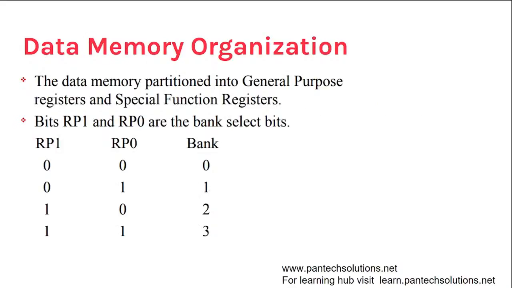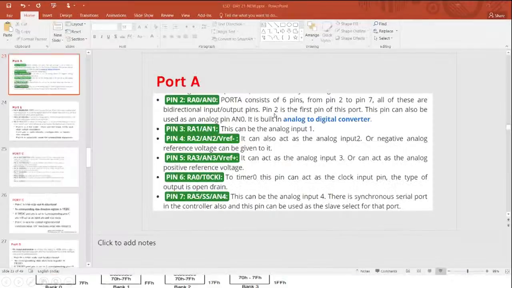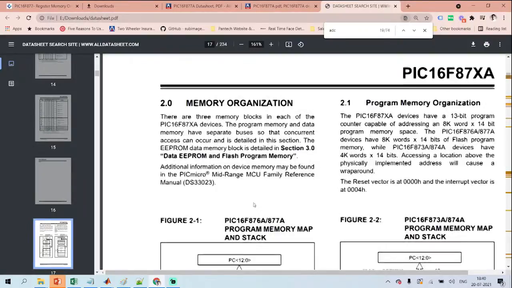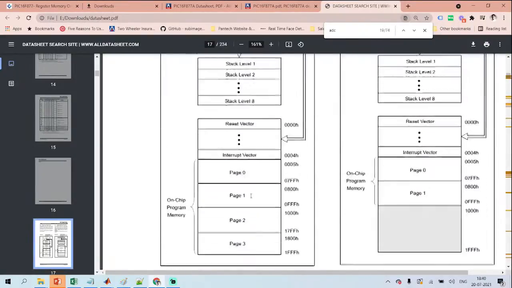So data memory organization: data memory is partitioned into general purpose registers and special function registers, with two bank select bits, RP1 and RP0. I'll show you the data memory organization in the data sheet.